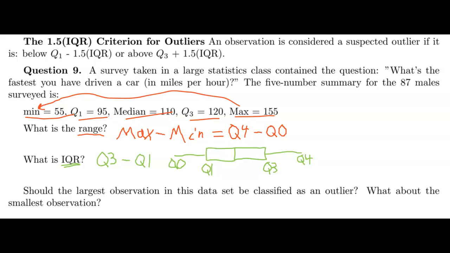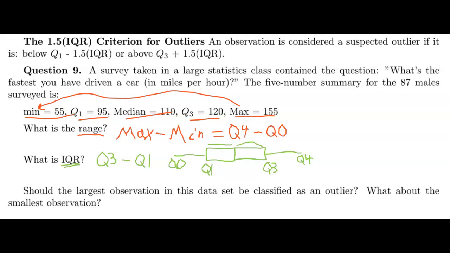That's the measure of spread for quartile data, the interquartile range. If you ever get confused, just think of it as the inter-middle quartile range. This quartile 25%, that quartile 25%, the middle 50%. How wide is that? That's what IQR measures.